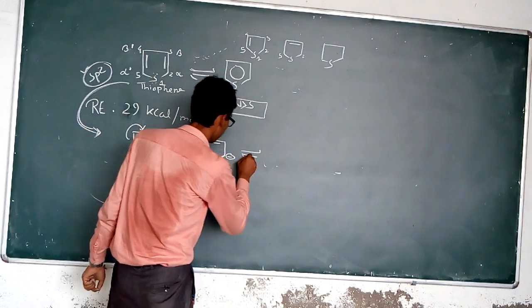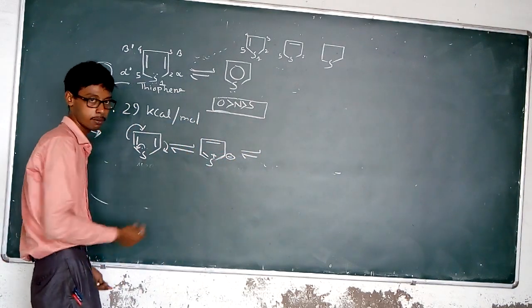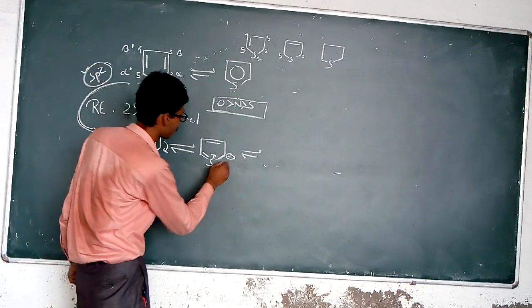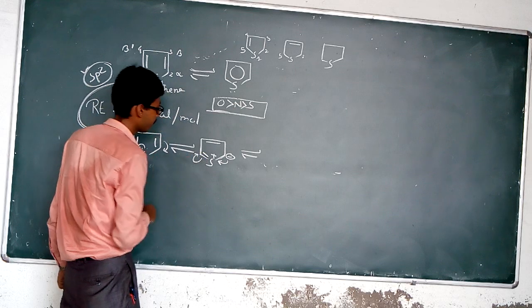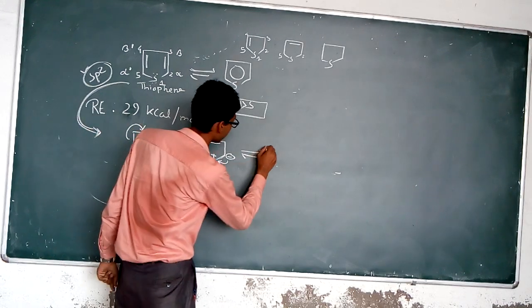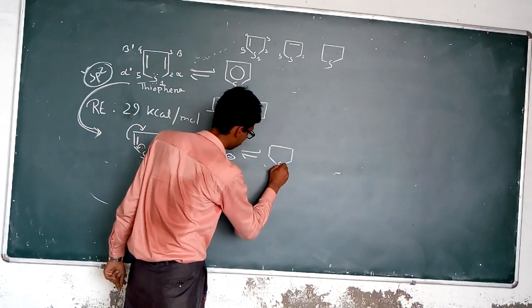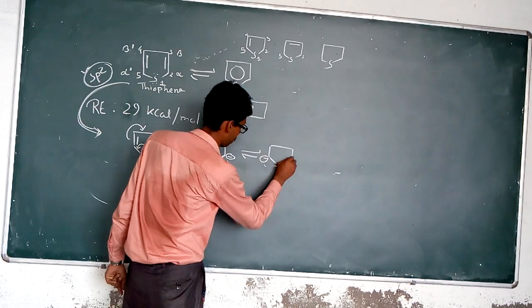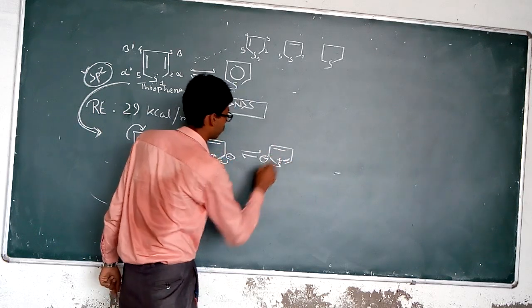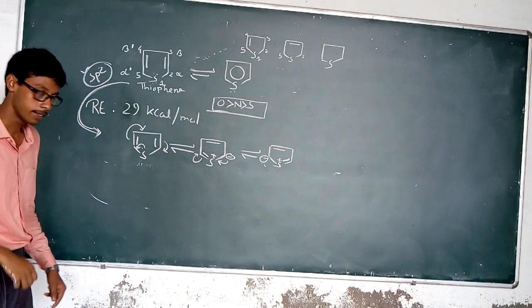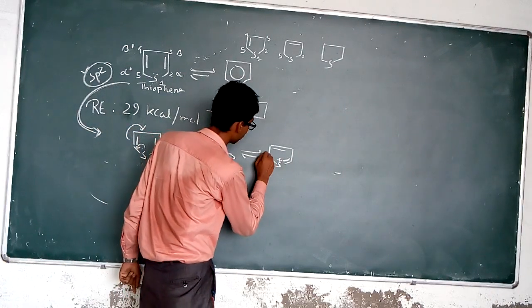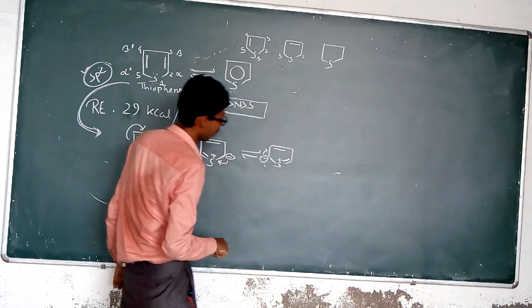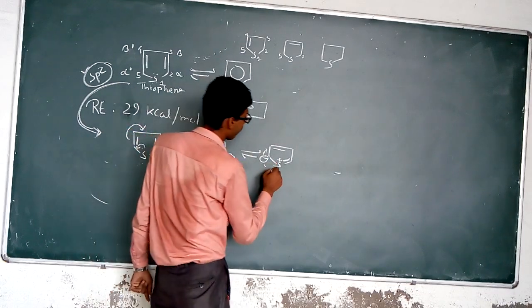Further, this unstable structure is stabilized by the formation of a bond, and after that a negative charge is generated here. It is further stabilized by shifting electrons and forming a bond at that position.